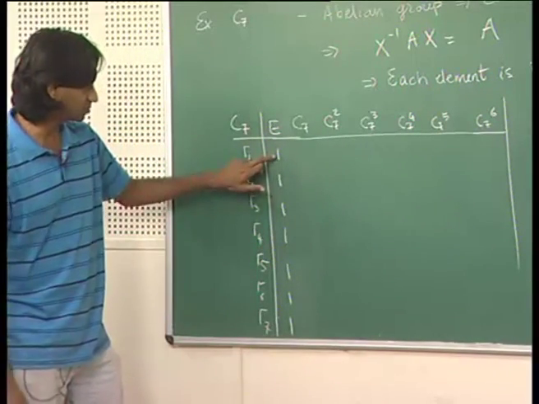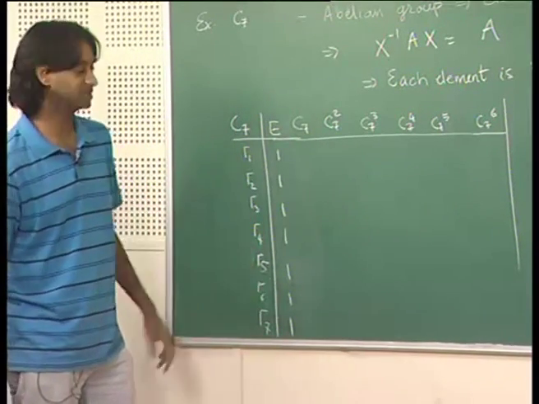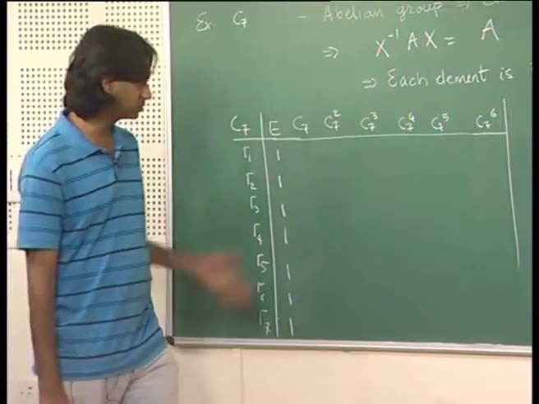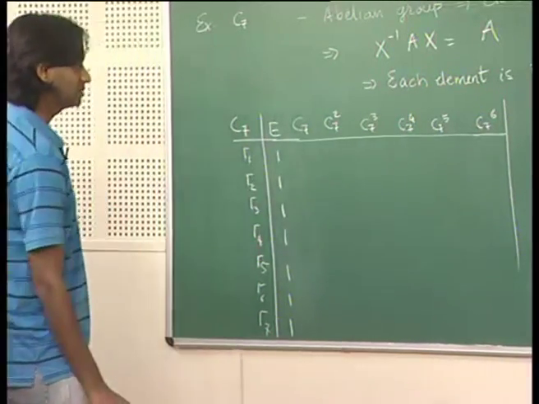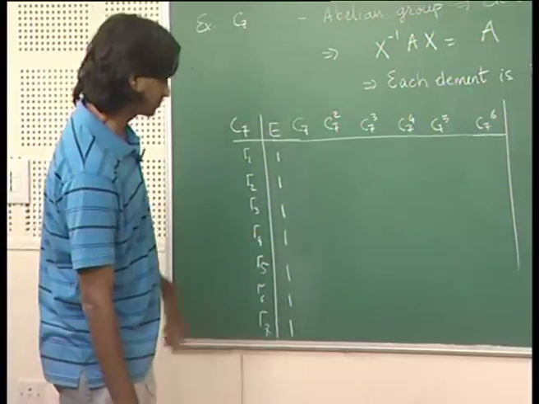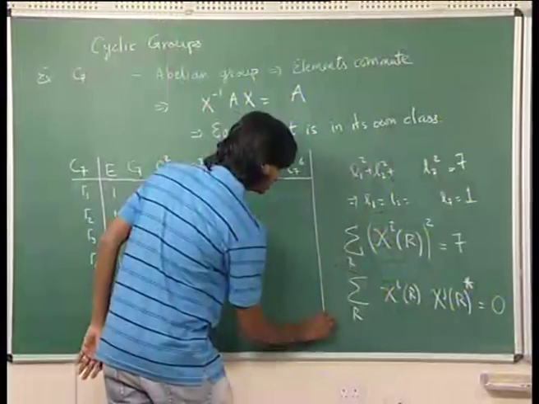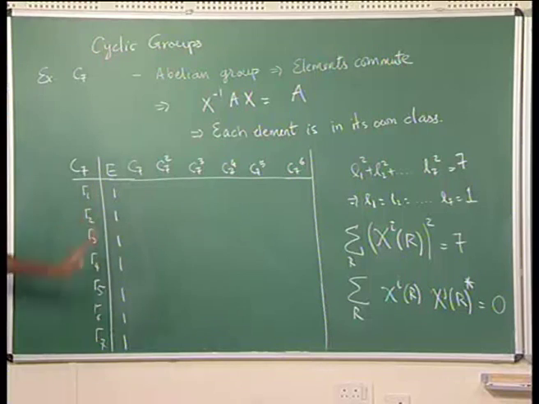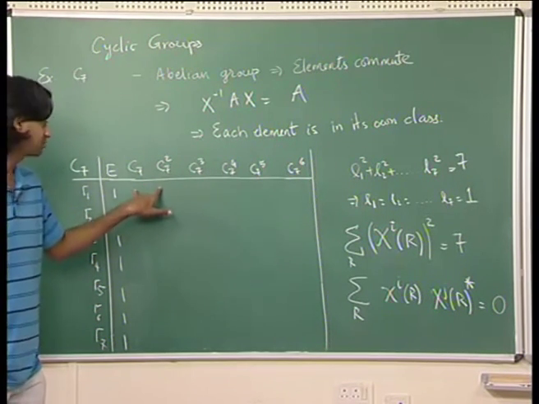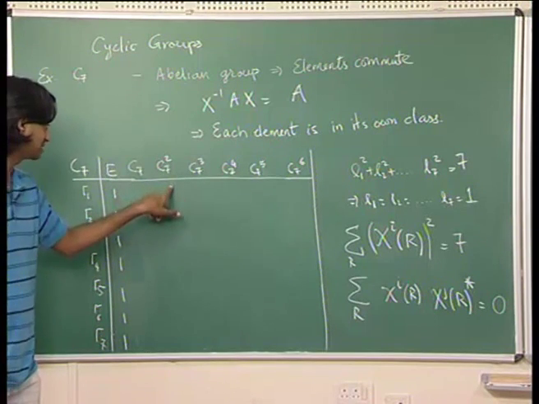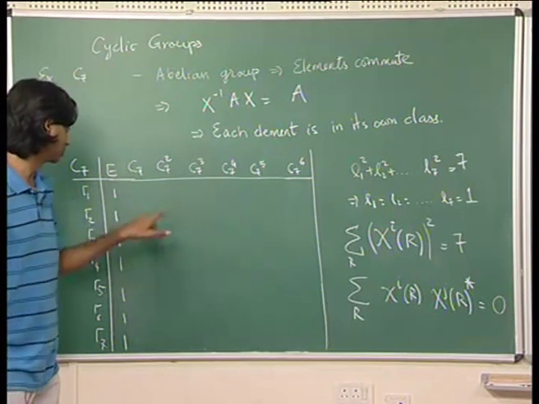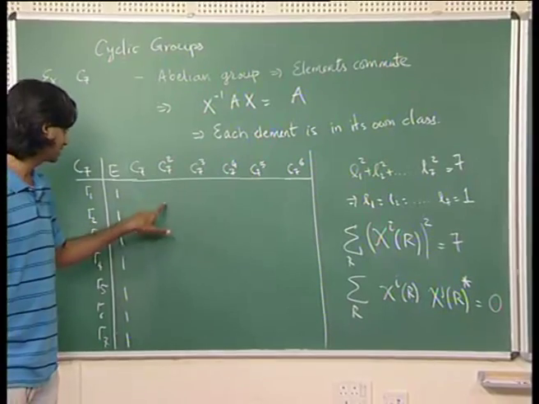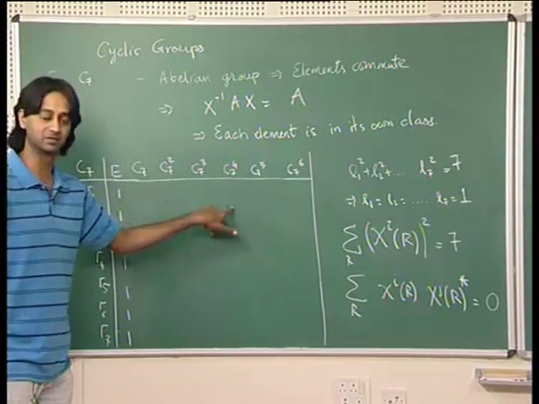Similarly, you take a dot product of any vector with itself, you should get 7. These are the conditions that should be satisfied. Moreover, the products should also satisfy the relation, like C7 times C7 square should give you C7 cube. So the character of this multiplied by the character of this should give you the character of the product.